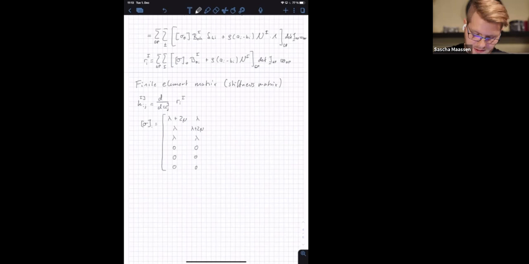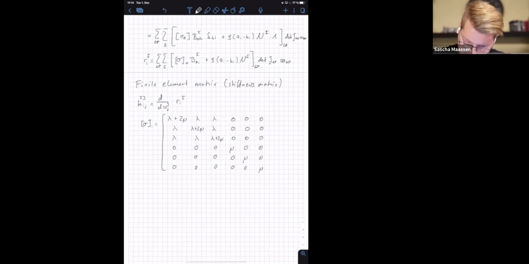I think you have also seen this matrix before, the constitutive matrix for Hooke's law, written here in terms of the Lamé parameters lambda and mu, for which you will find formulas on Wikipedia and of course many standard textbooks.